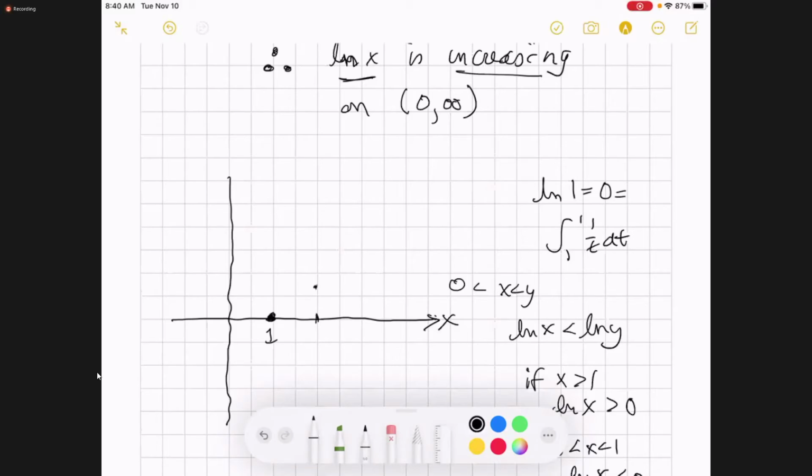So we know that for sure. I'll put a point there. ln of 1/2 is negative. We'll learn something about that in a minute. Okay, so ln is increasing. This is the beginnings of a picture of ln of x.